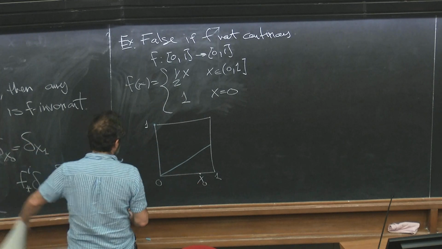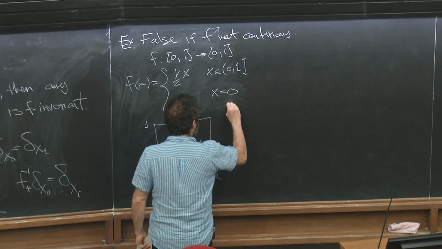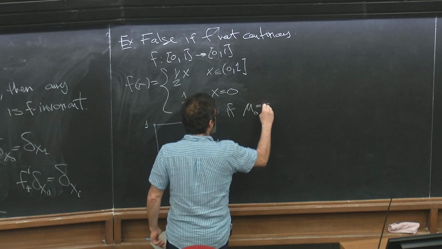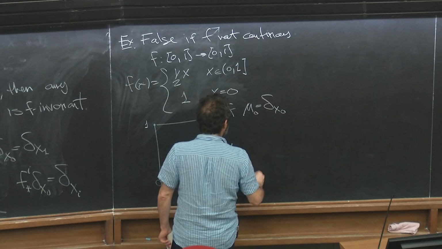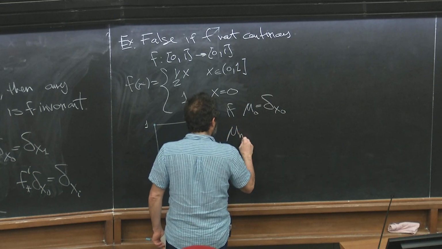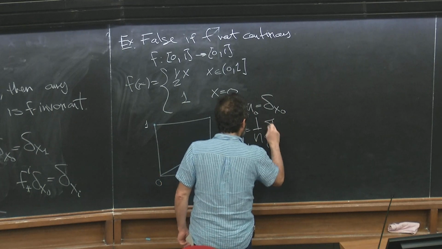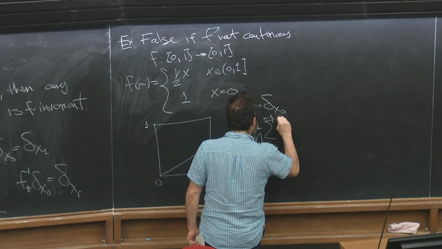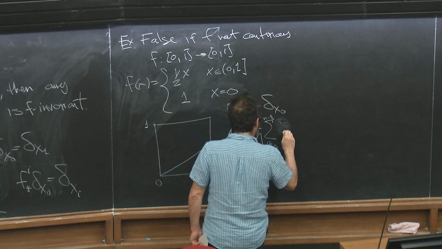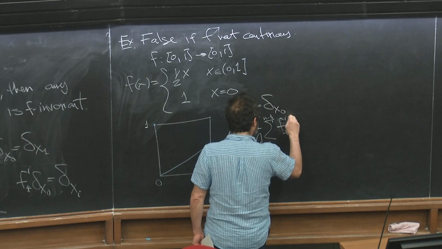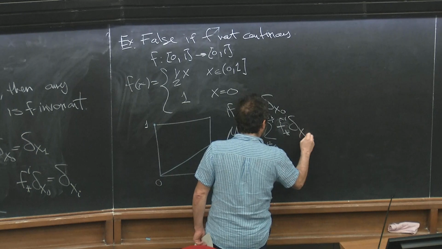if you take the measure mu0, if mu0 is equal to delta of x0, then mu n is 1 over n, the sum i equals 0 to n minus 1 of f star i of delta x naught.